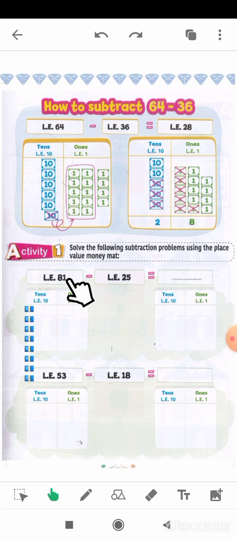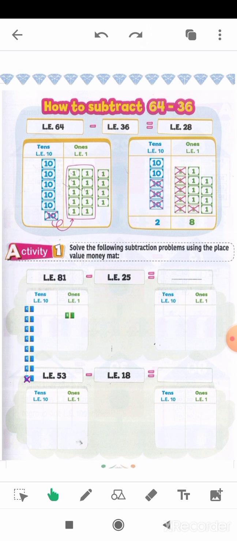If I have 8 ten-pound notes and 1 pound and I subtract, I need to take 5 from here, but I can't. So I take 1 paper of tens and make it 10 papers of 1 pound.